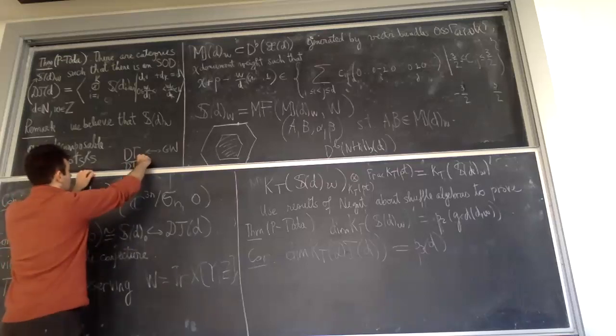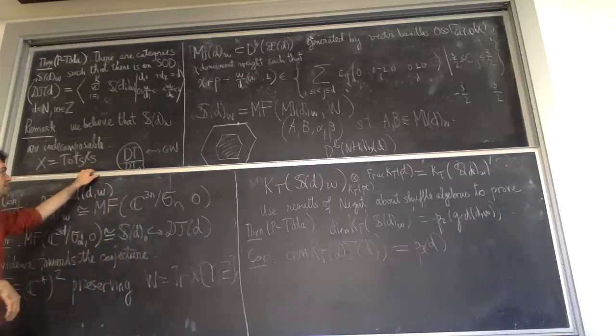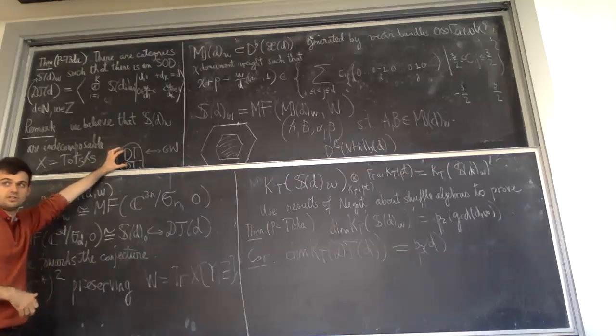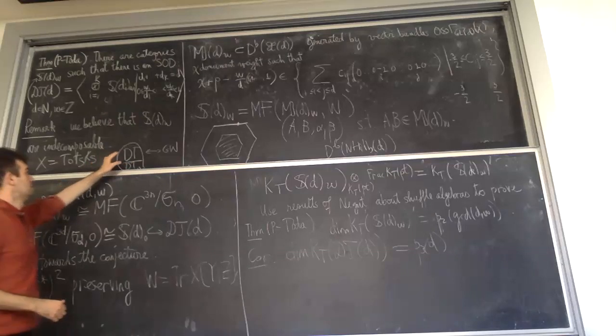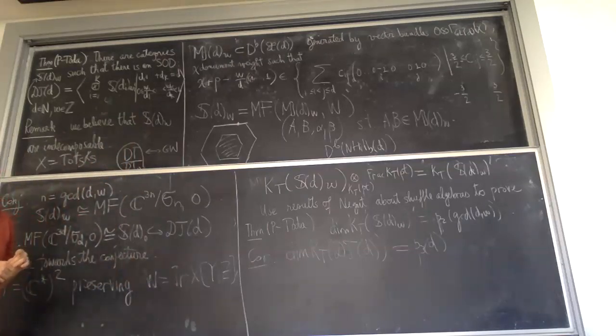So we compared some DT categories with the Pandharipande-Thomas category for stable pairs, which are certain invariants that realize this quotient. Then you can compare the stable pairs with Gromov-Witten invariants in the statement of MNOP. So we also have some semi-orthogonal decompositions in that direction.